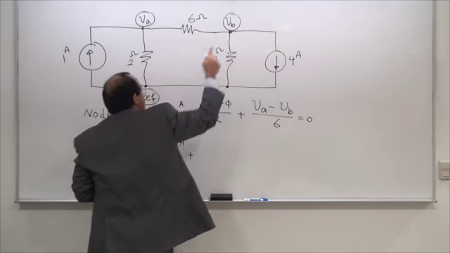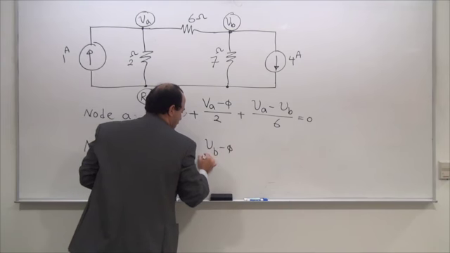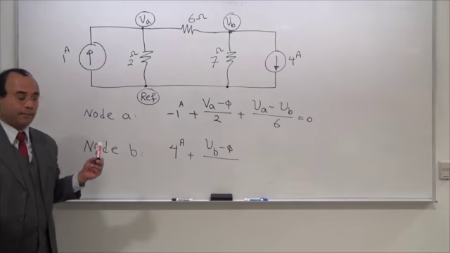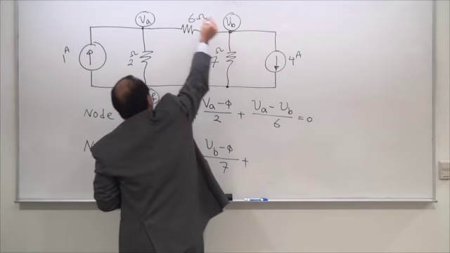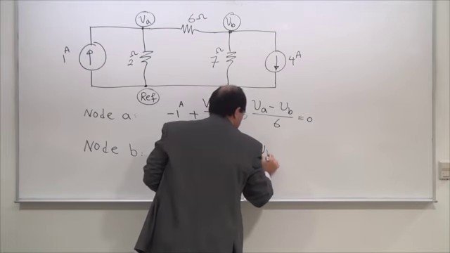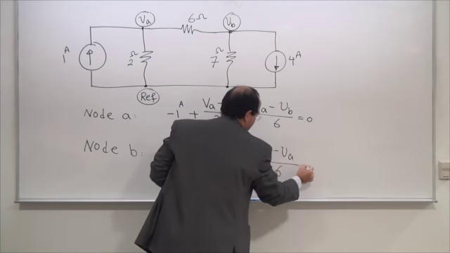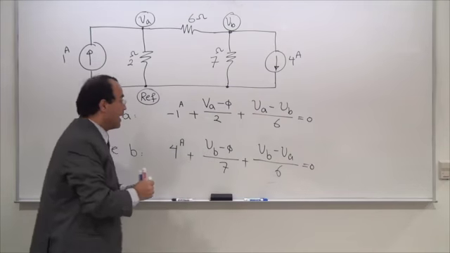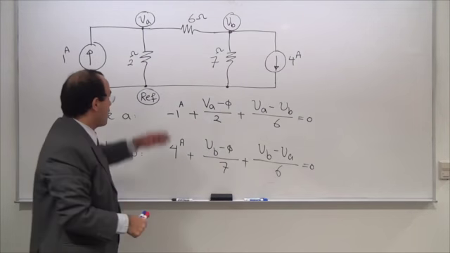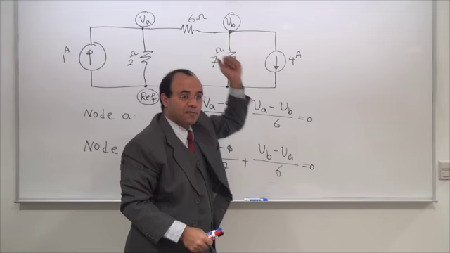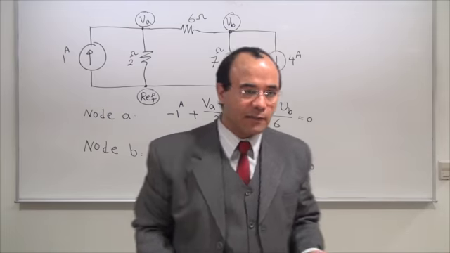For VB and 0 and 7, (VB - 0) divided by 7, I'm assuming VB now is the biggest one, and (VB - VA) divided by 6 is equal to 0. Again, when I wrote this, you might ask how come you have the current going this way and now the current goes that way? It's just a silly assumption which helps me write the equation.